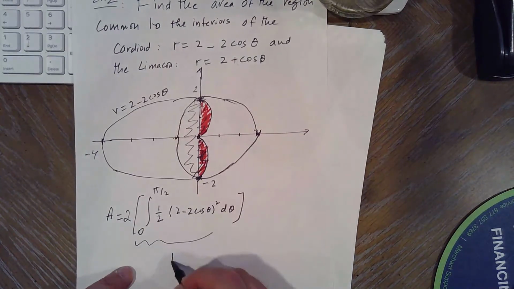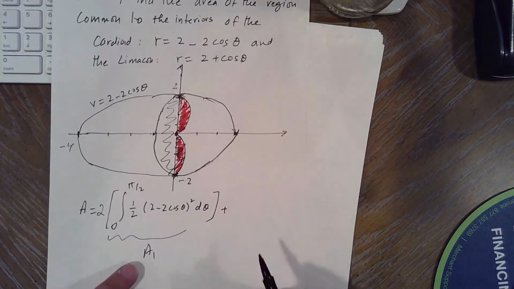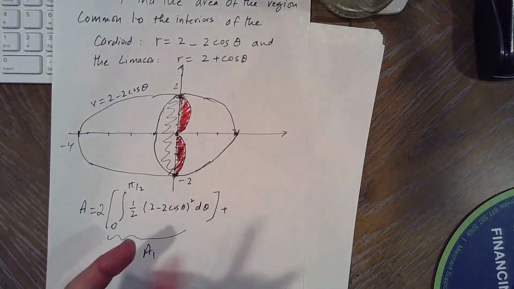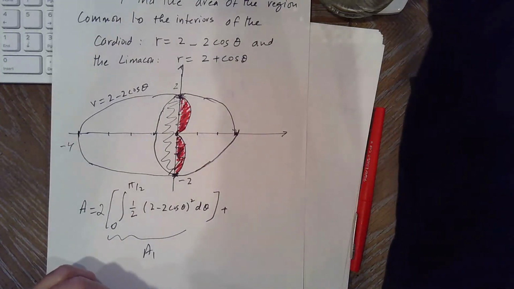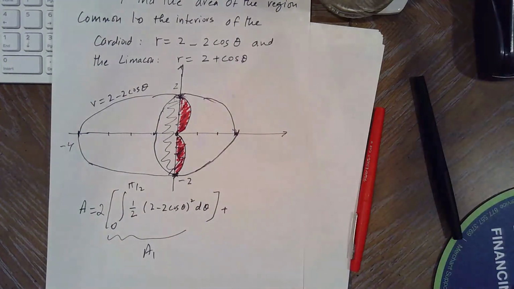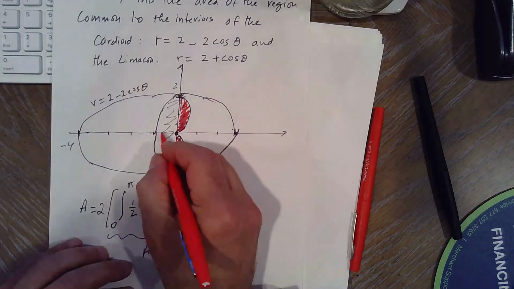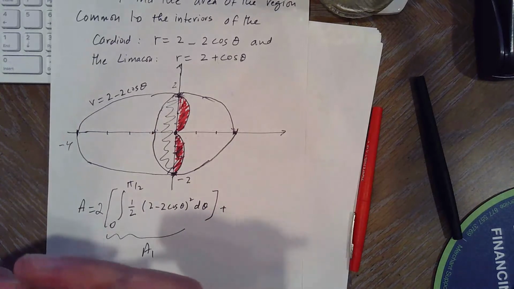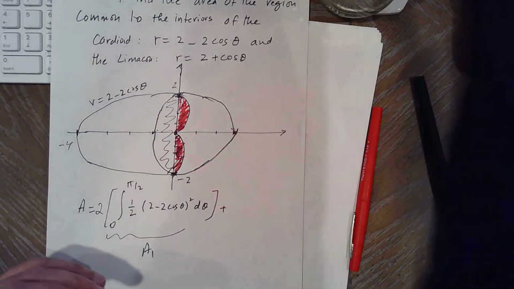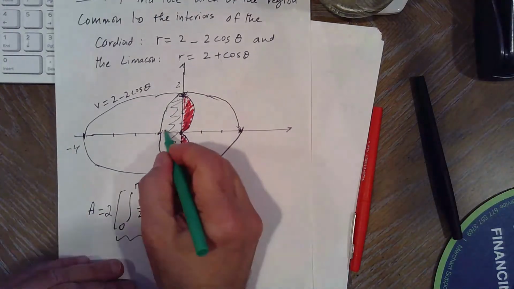This is area 1 plus the second area, which I'll use green for. We take this part right here.